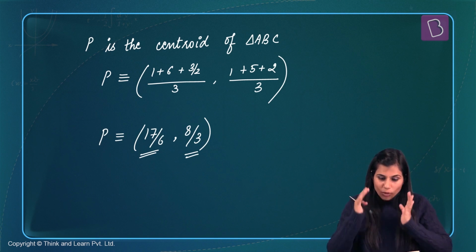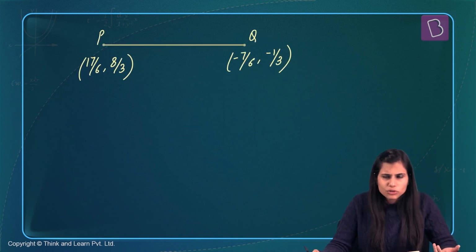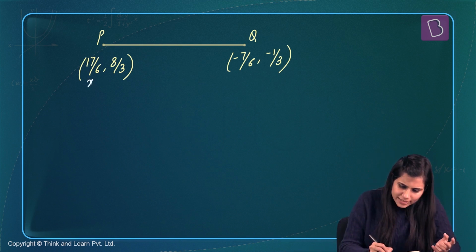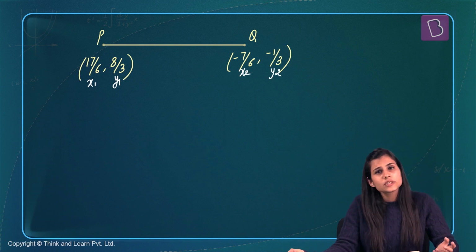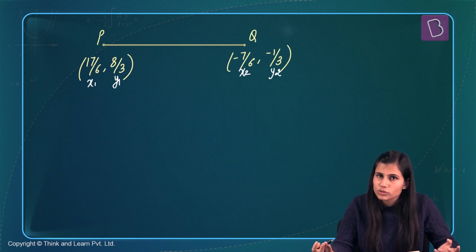Right? So your P point is this. And now the question is almost over. You have your P with you, you have your Q with you. Apply the distance formula. Well, if I take this as x1, this is y1, this is x2, this is y2, then your distance formula is under root of x2 minus x1 whole square plus y2 minus y1 whole square.